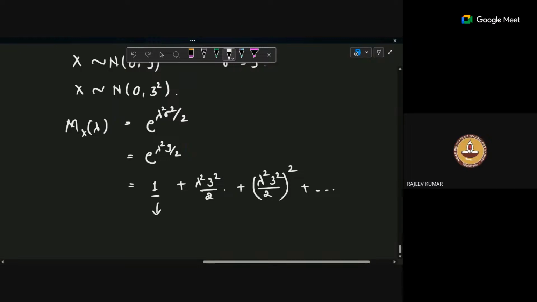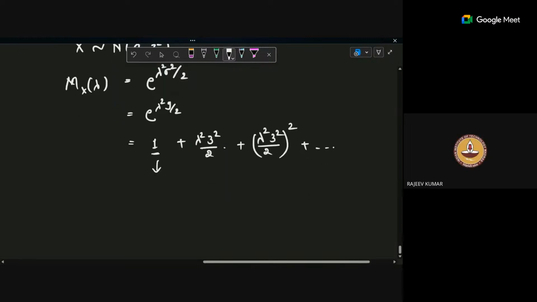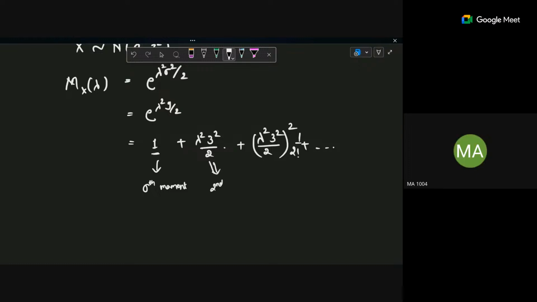This is lambda square, that means the second moment, and this one is the fourth moment.